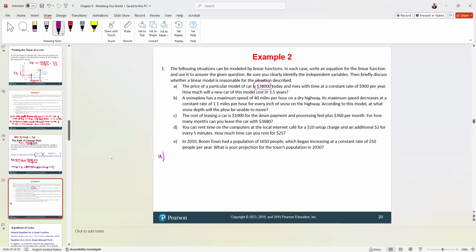So look, the price of this car today, you need to write this one. Let P be the total price.